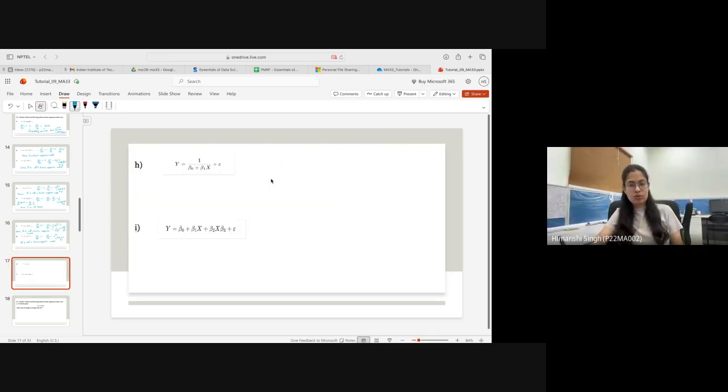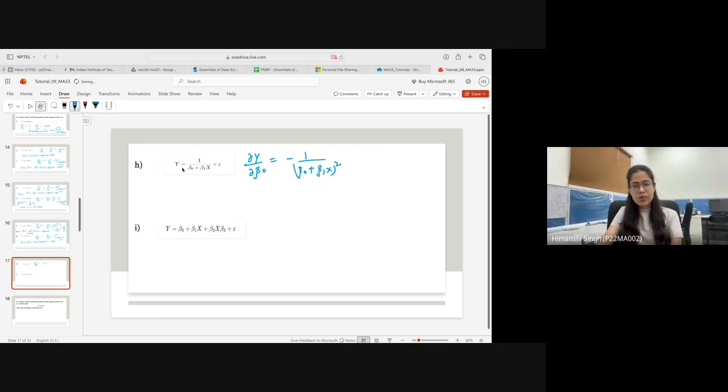Fine, let us consider these last two questions. Here y equals 1 upon beta naught plus beta 1 x plus epsilon. Here also the betas are in single power. There is no square, no cube, no power 4. But let us consider dy over d beta naught. Here it is in the format of 1 upon something. The derivative of 1 upon the square is minus 1 upon beta naught plus beta 1 x whole square.